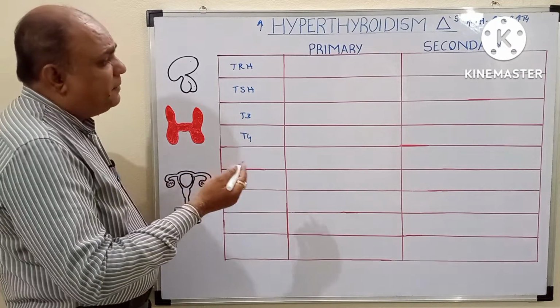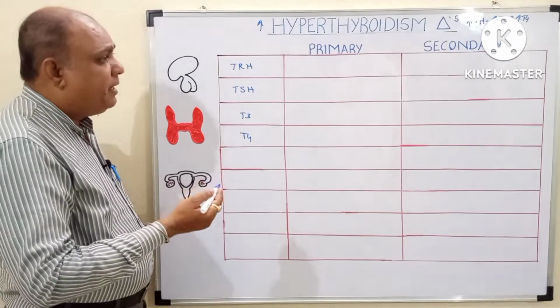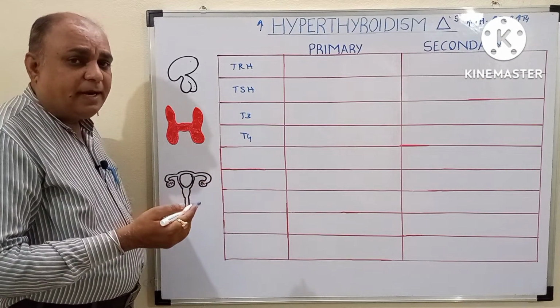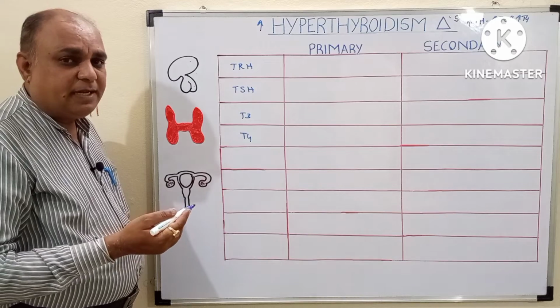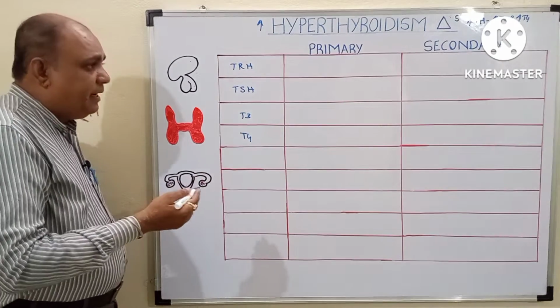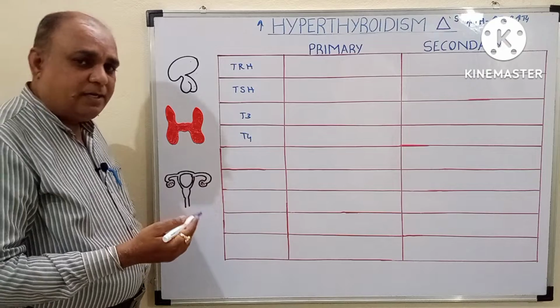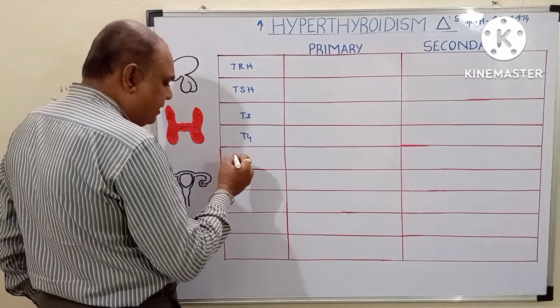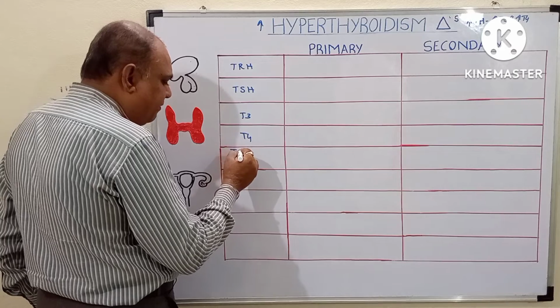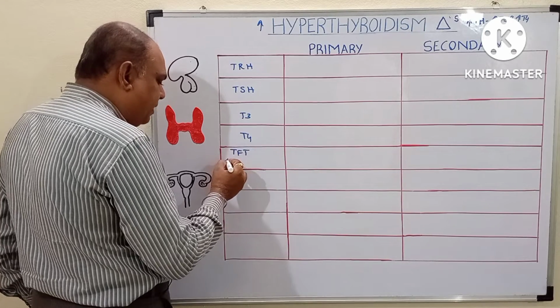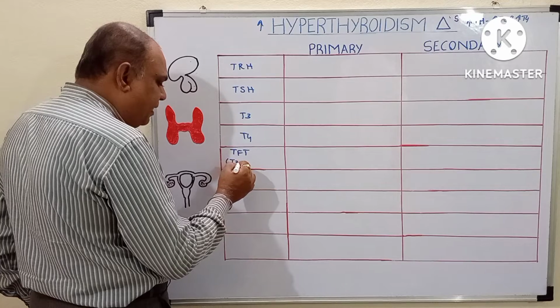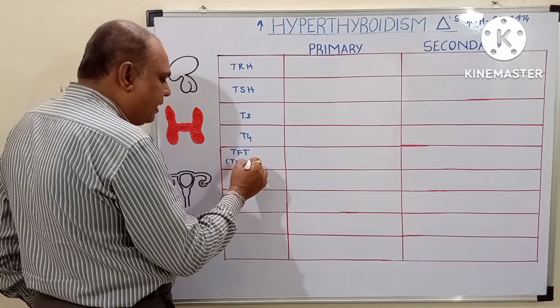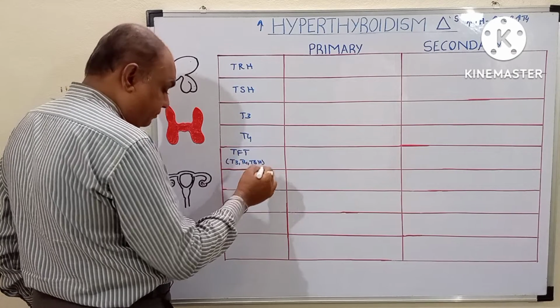Now, to study the hyperthyroidism in primary or secondary, we require a list of investigations which may help us in studying the primary and secondary hyperthyroidism. The list of investigations are such like thyroid function test, which very commonly covers T3, T4 and TSH.